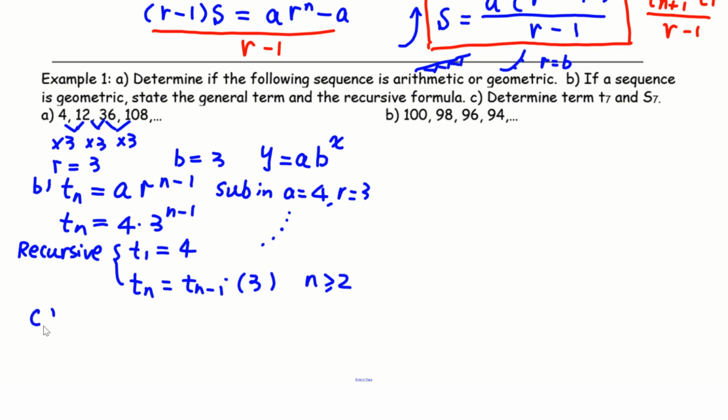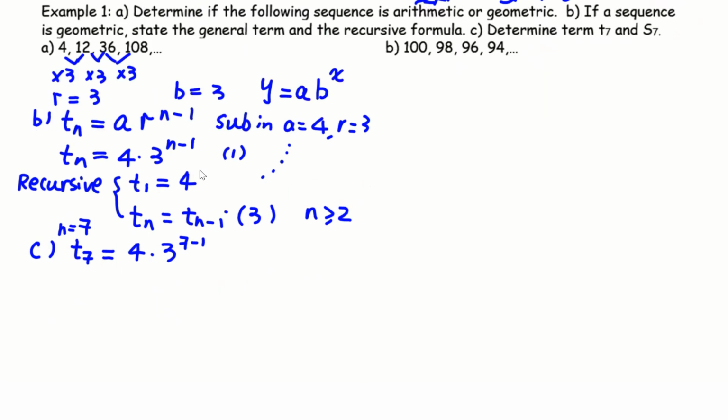And question C asks you to find the 7th term. So we just write n equals 7, sub into this general term equation to find the 7th term. So 4 times 3 to the exponent 7 minus 1. Then we are going to use a calculator to find out the answer.